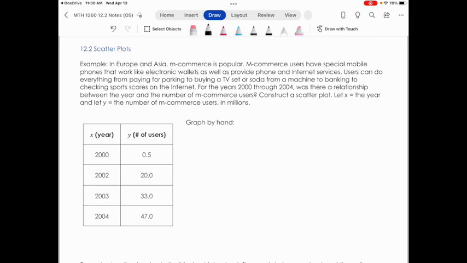For the years 2000 through 2004, there is a relationship between the year and the number of m-commerce users. Construct a scatter plot and let X be the year and Y be the number of m-commerce users in millions. So this column here is in millions, and then this is the year.